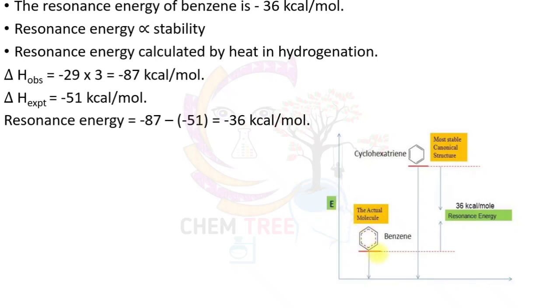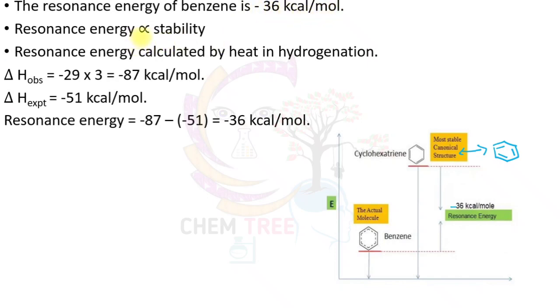Energy diagram for benzene, and this is the resonance hybrid. The resonance hybrid has less energy and it is more stable compared to the most stable canonical structure of benzene. The energy difference between these two structures is the resonance energy. The resonance energy of benzene is minus 36 kilocalorie per mole.